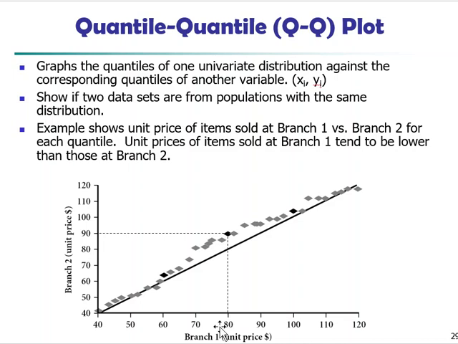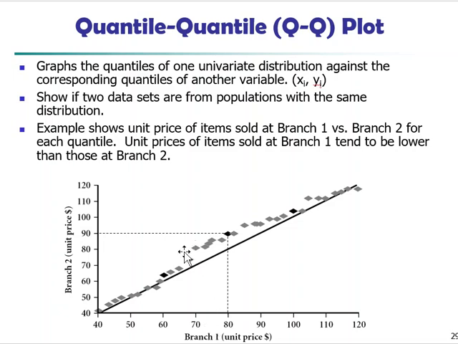From branch 1, the products have unit prices from $40 to $120, and branch 2 sells the same set of items, but they use a different set of prices. So we can see whether those two univariate distributions are similar or the same.